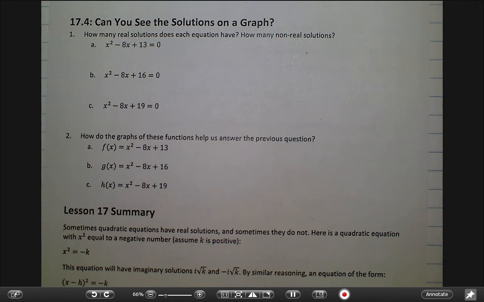What time is it? Because I didn't use my phone. That's what I'm hearing.